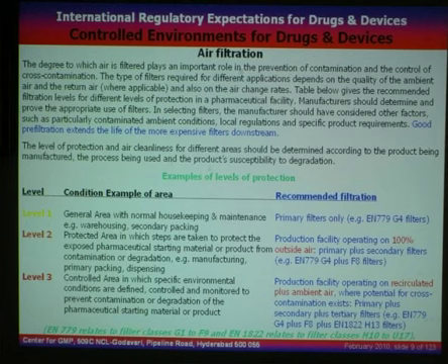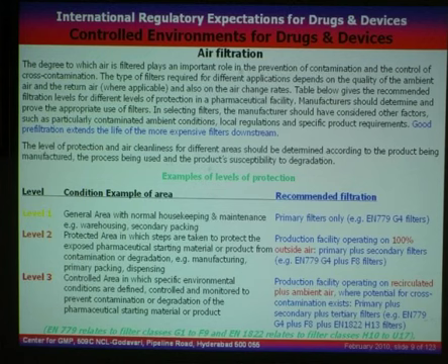Level 2, a protected area in which steps are taken to protect the exposed pharmaceutical starting material or product from contamination or degradation, example manufacturing, primary packing, dispensing, etc. The production facility operation on 100% fresh air, primary plus secondary filters, EN779 G4 plus the F8 filters.